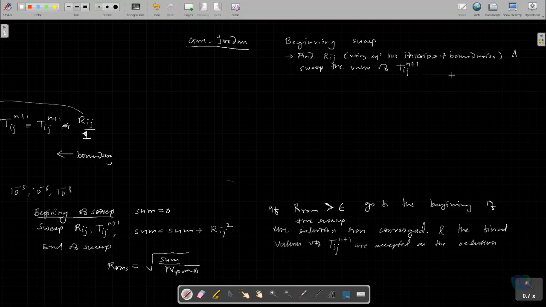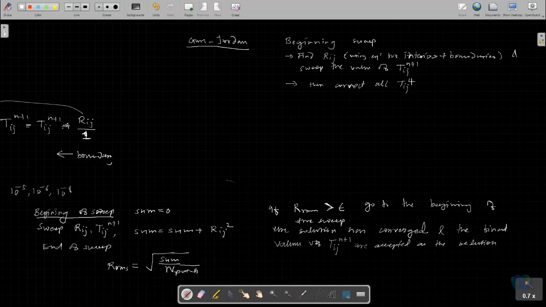To find out Tij, you should know Aii. Ai is already known, because Ai is nothing but 1 plus 2 gamma. Gamma x is nothing but alpha delta t by delta x square. So delta t will be known, delta x will be known, and alpha is a property, k, rho, Cp will be given. So everything will be known. So you find Tij, then correct all Tij.